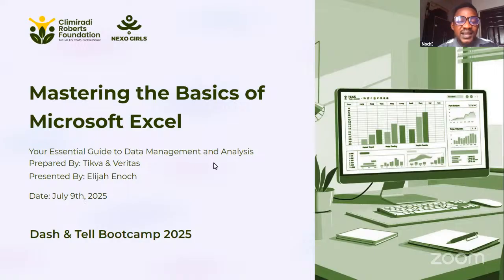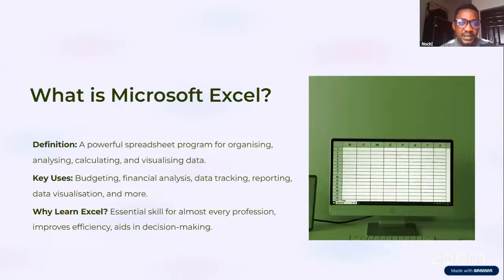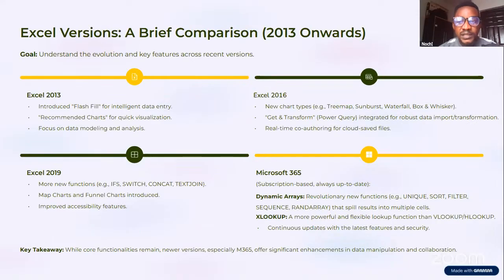So from the last class, we were able to talk about the basics of Microsoft Excel. We went through knowing what Excel is, to knowing the different variations of Excel, 2013, 2016, 2019, and Microsoft 365.